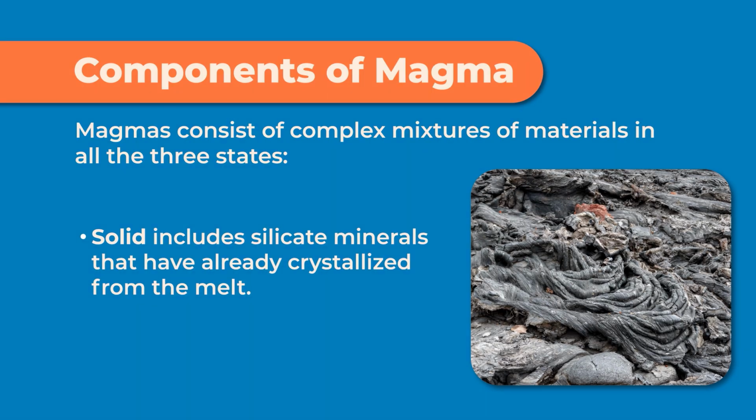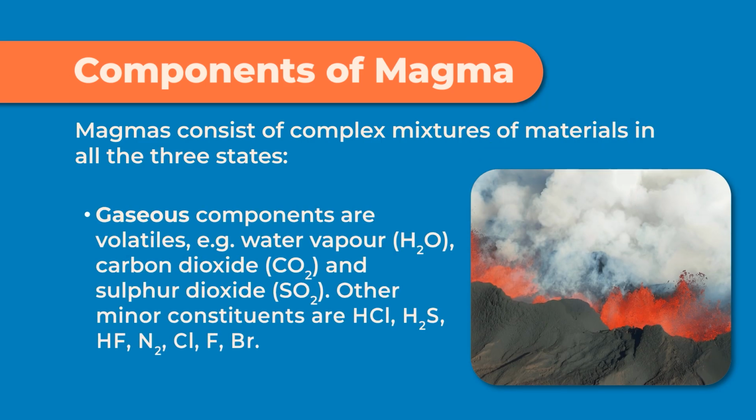Solid includes silicate minerals that have already crystallized from the melt, and the gaseous component comprises volatiles like water vapors, carbon dioxide, sulfur dioxide and other minor constituents like HCl, H2S, HF, nitrogen, chlorine, fluorine and bromine.